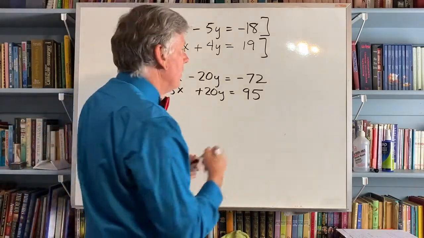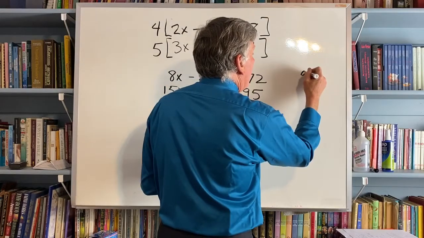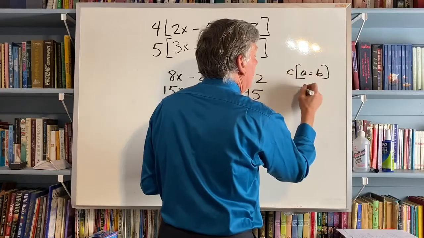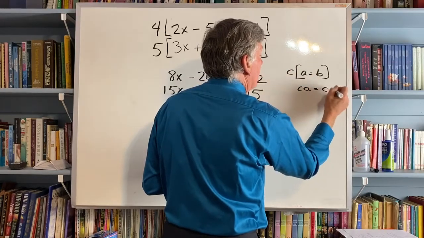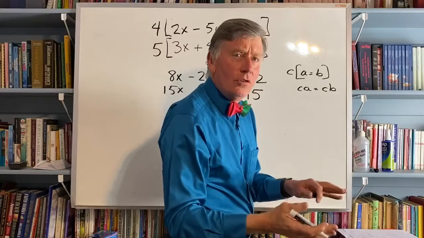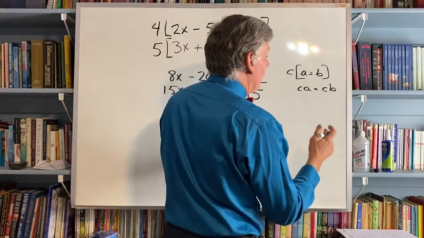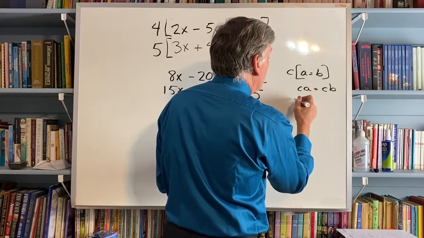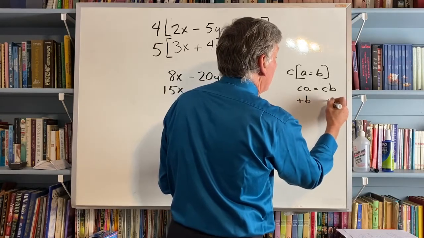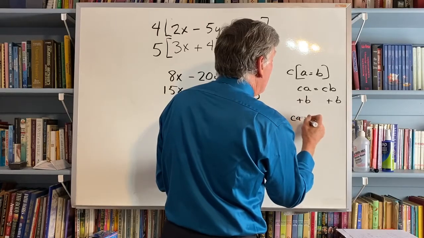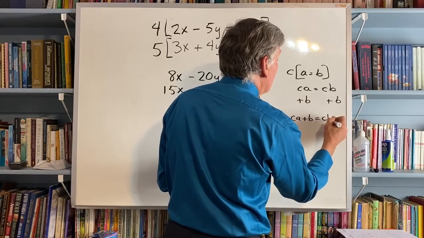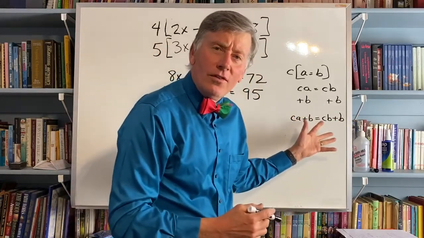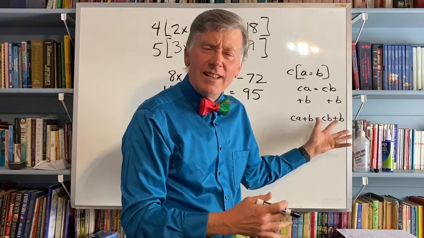Just real quick, if I have an equation A equals B, I can multiply it through by C and I get CA is equal to CB. Just wanting you to know the legalities of this. And if I have two things that are equal and I want to add a third term, say B, to both sides, then CA plus B is equal to CB plus B. Those are the little letter techniques that I'm using.